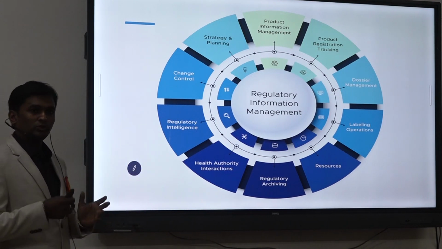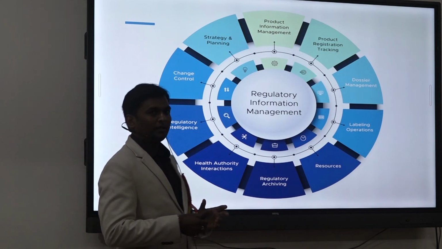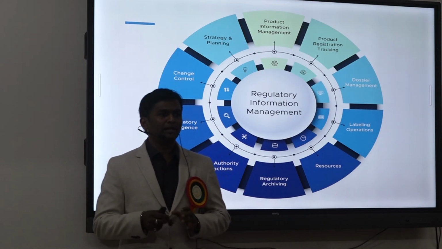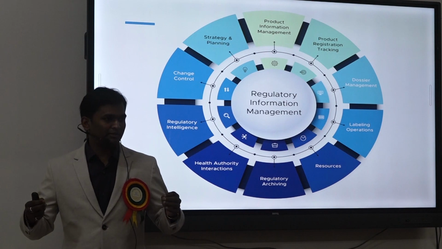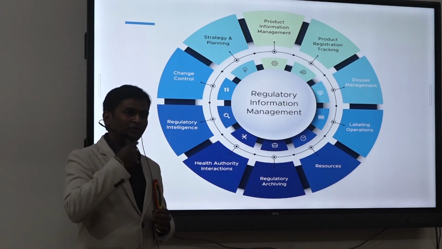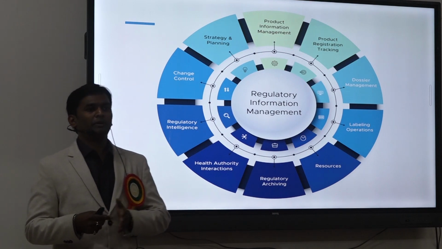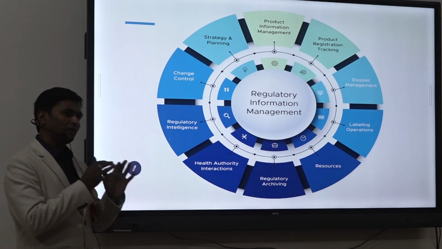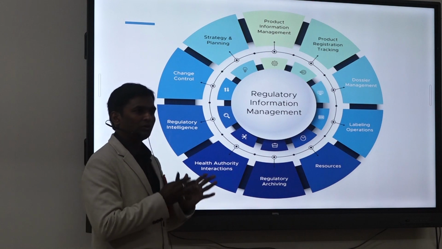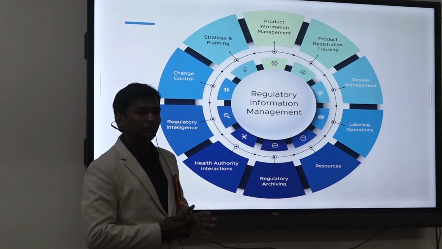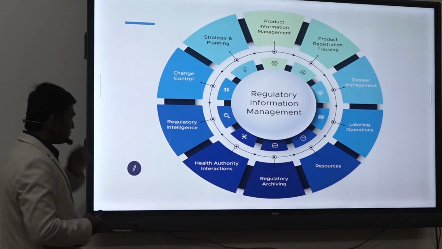Then resource management. One person in regulatory cannot work on all the aspects, right from submission of the dossier to approval of that dossier. Multiple people jointly work on one dossier in order to get approval from the health authority.